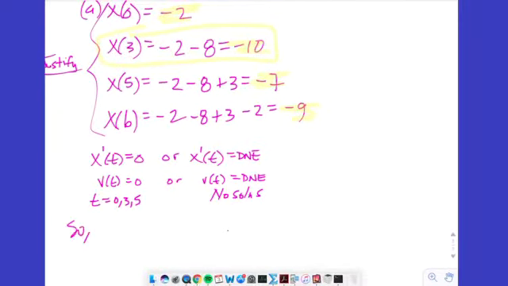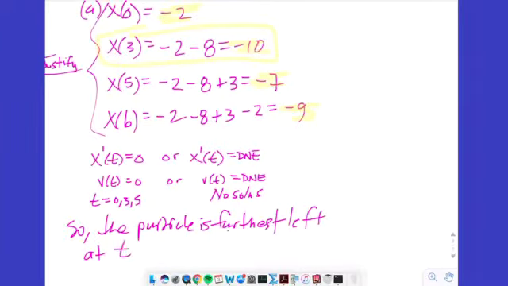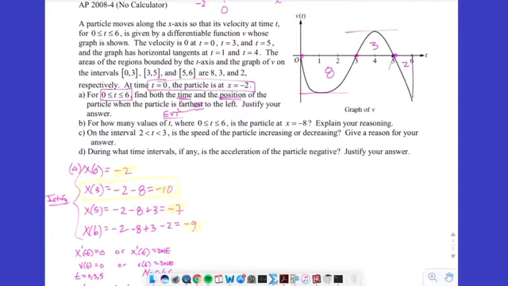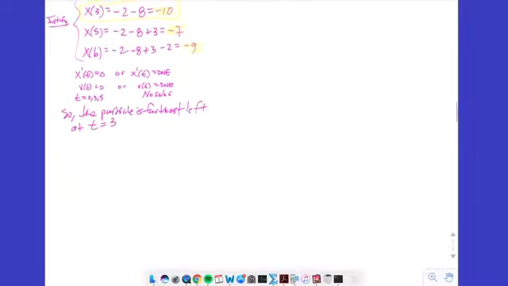You just say, so the particle is farthest left at t equals 3. Are there any units there, like seconds or hours? It looks like this entire problem is unitless, okay? So that's cool.